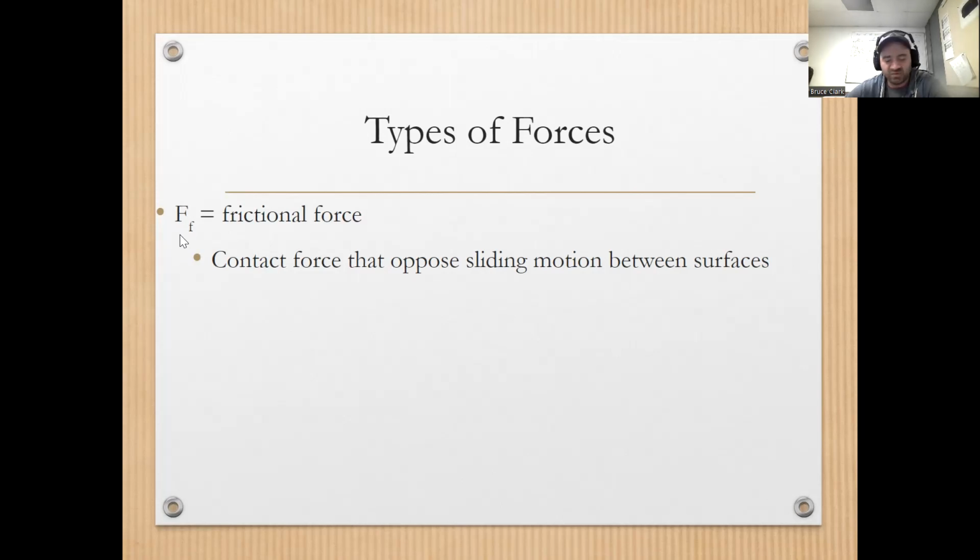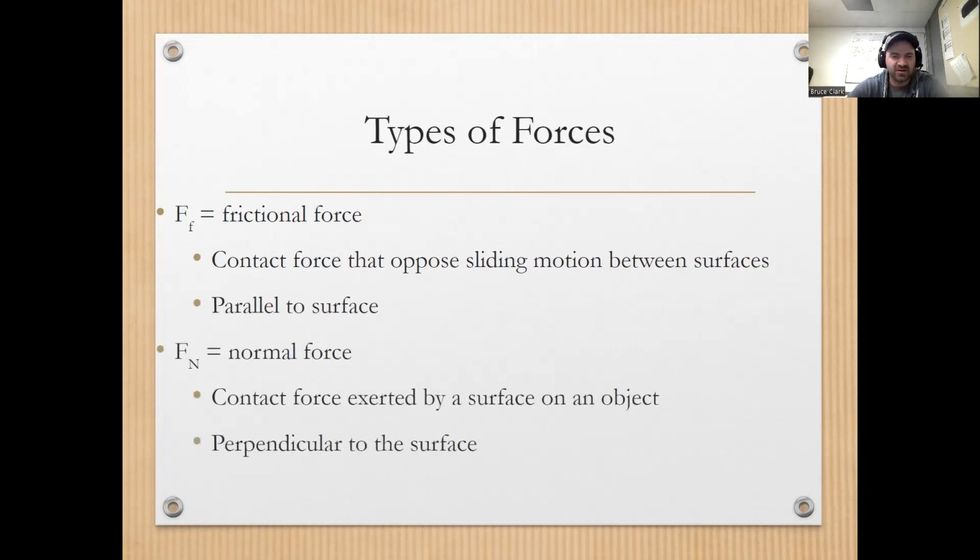The frictional force is our first one, and that is a contact force that opposes sliding motion between surfaces. The frictional force will always be drawn against motion. Whatever direction motion is, friction is acting in the opposite direction. It's also parallel to the surface.